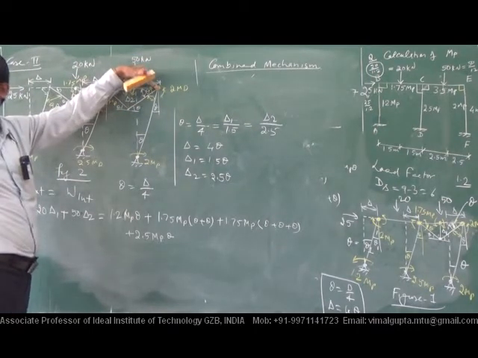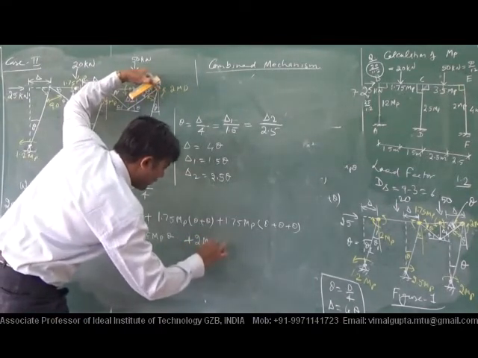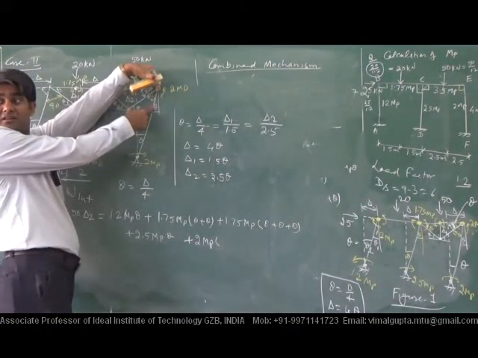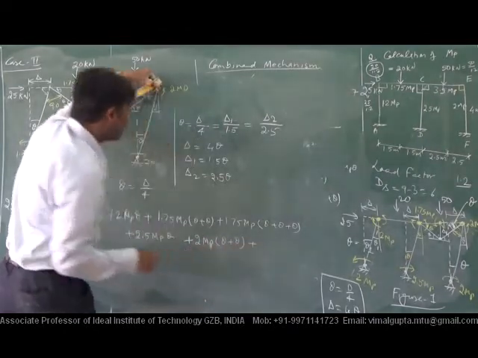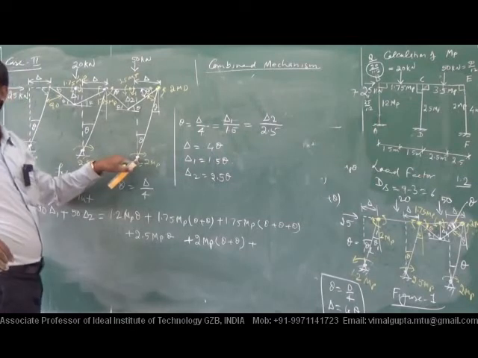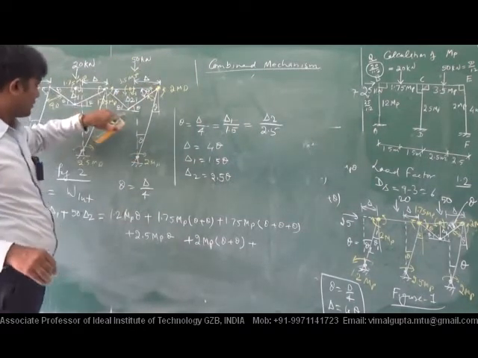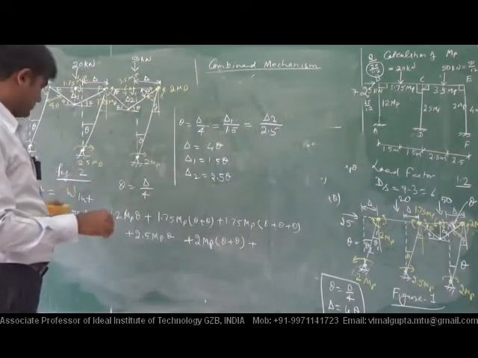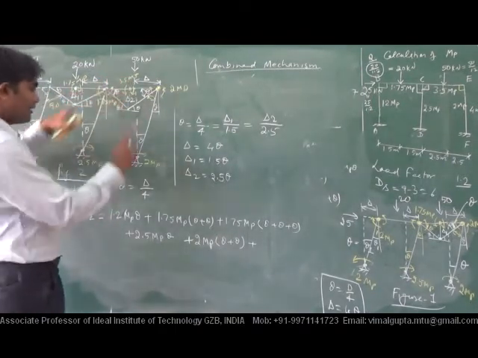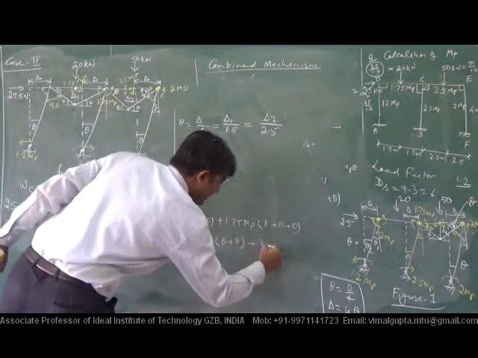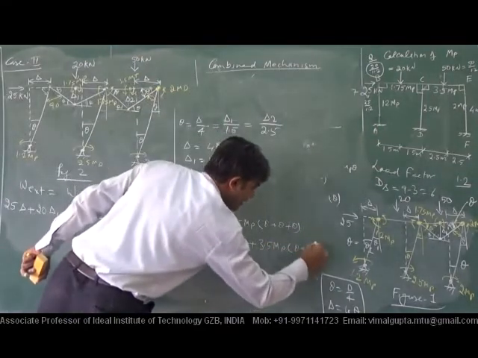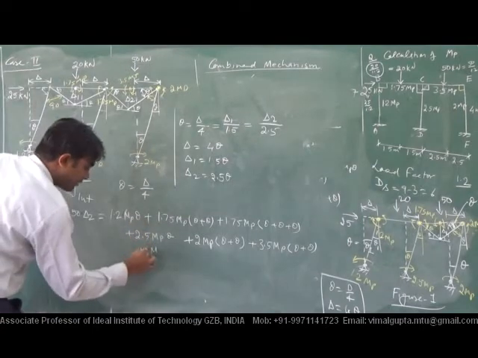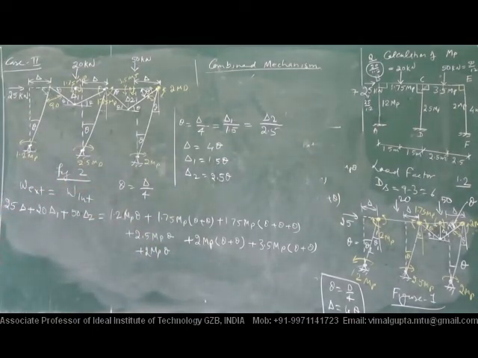Come to that point, 2 MP into theta plus theta. Two joints are still left, this one and this one: plus 3.5 MP into theta plus theta, plus this one 2 MP into theta. Check that no joint should be left, every joint has been considered. Clear. Now put the values.